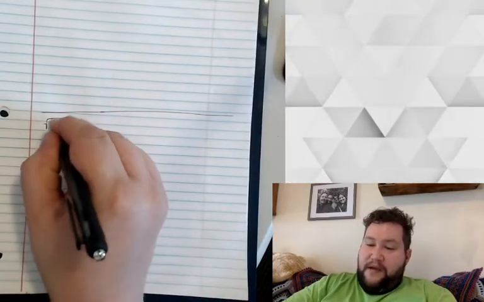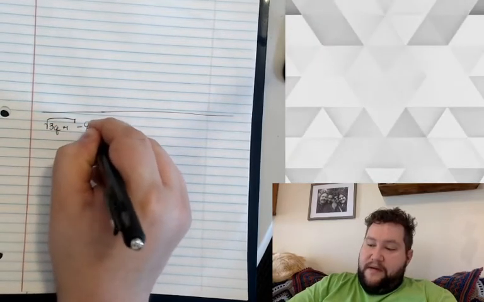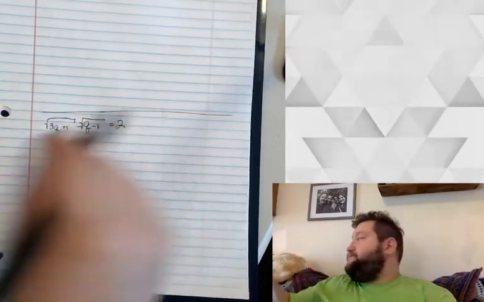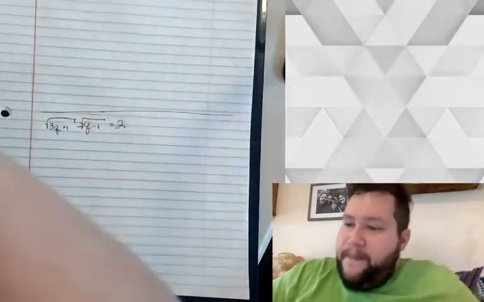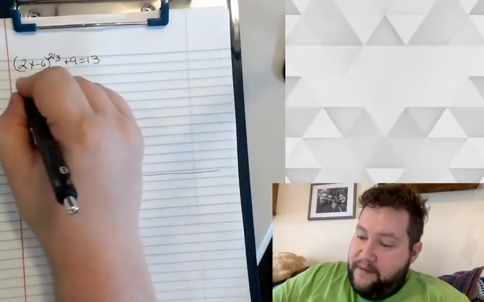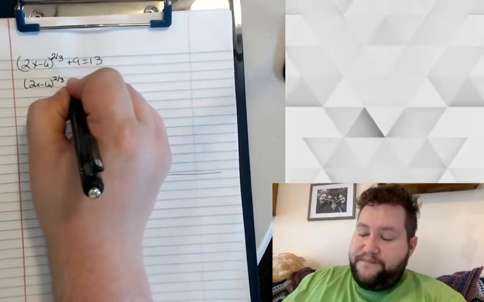We have 3q plus 1 minus q minus 1 equals 2. And so from here, we need to isolate our radical. So 2x minus 6 to the 2/3 equals 4.